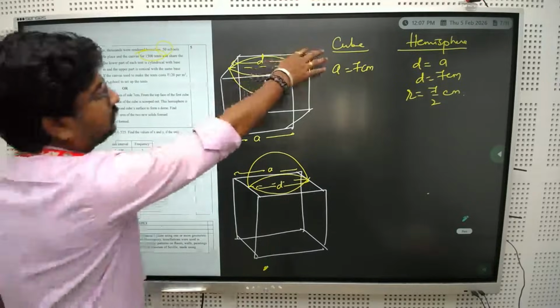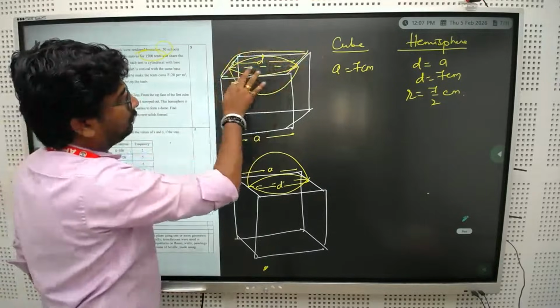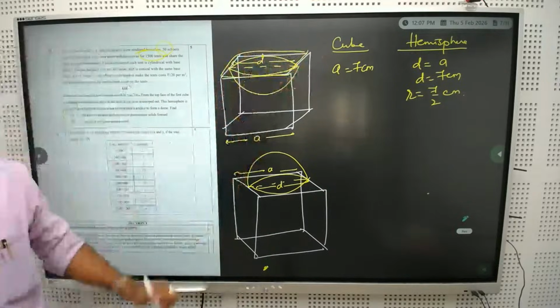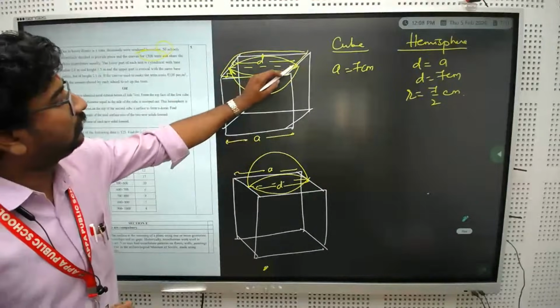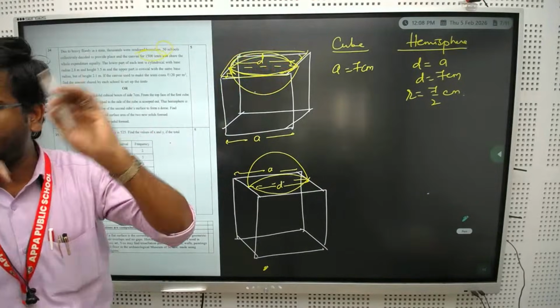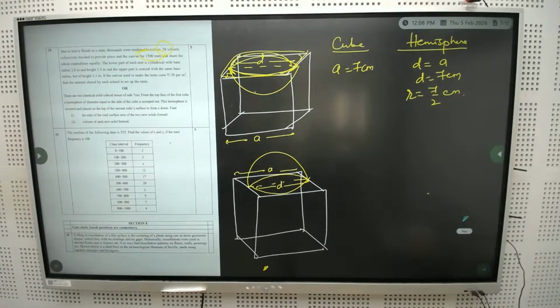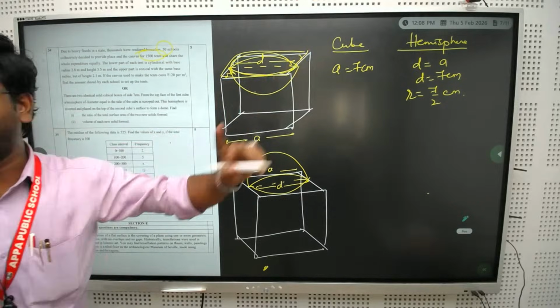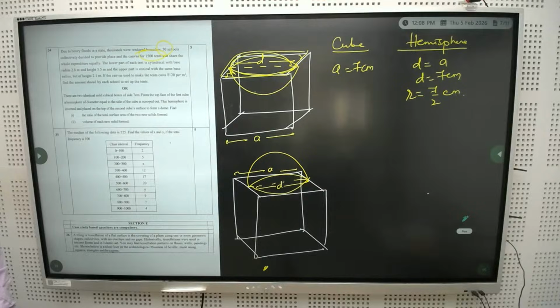Because the sixth side of the cube is already included, and even this circular part is added. So that's why it is the total surface area of the cube, 6a square. From that side, the circular part has to be removed, so we do minus pi r square.